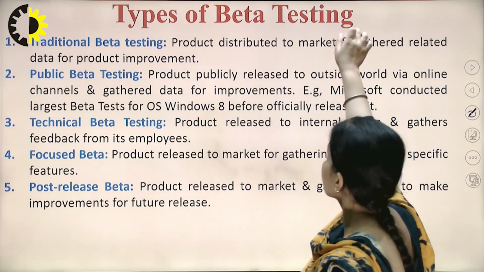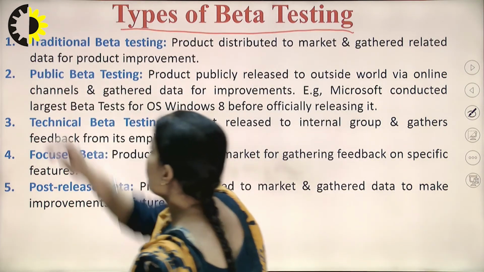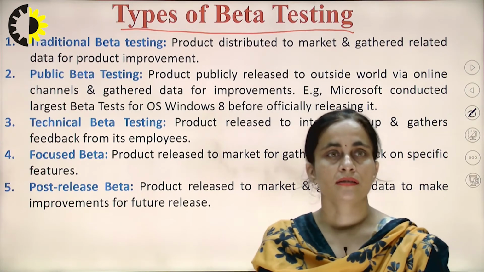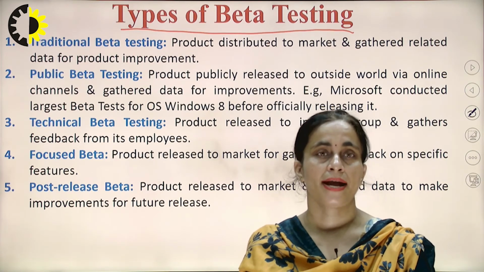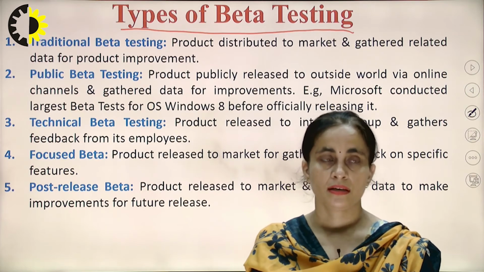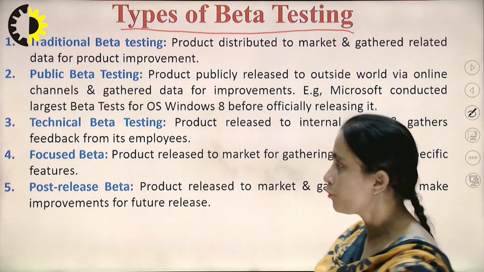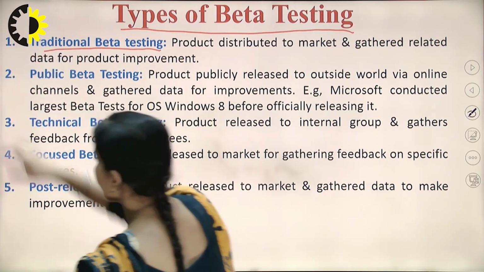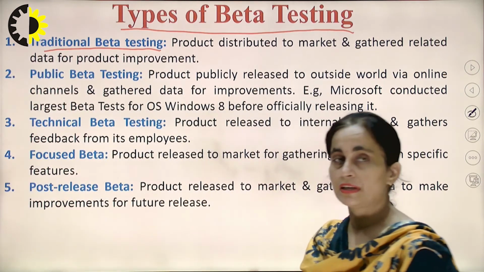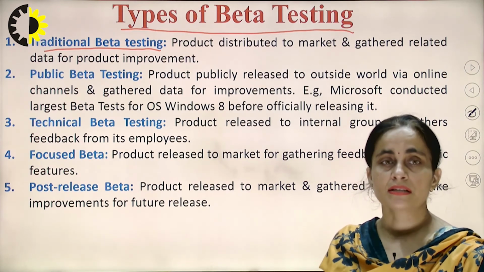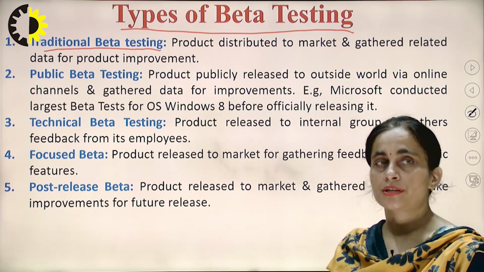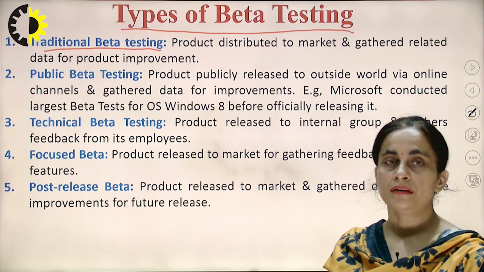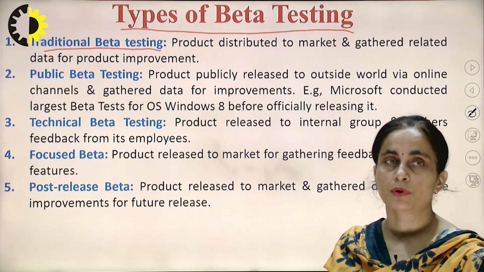Then the types of beta testing. The first kind is traditional beta testing. The product is distributed to the market and related data is gathered for product improvement. We have handed the software application that has been developed over to the customers, and now we are in a position to gather feedback data for improving the product.